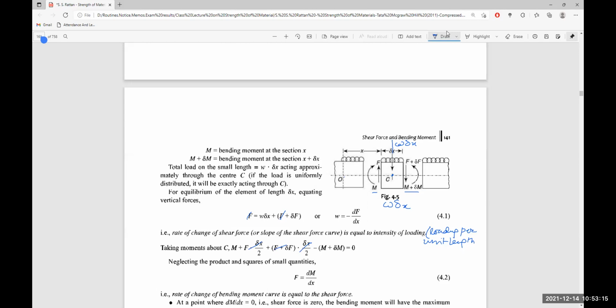Delta f into delta x by 2 is too small for f plus delta f, no, sorry. f plus delta f will be f plus delta x by 2 again.